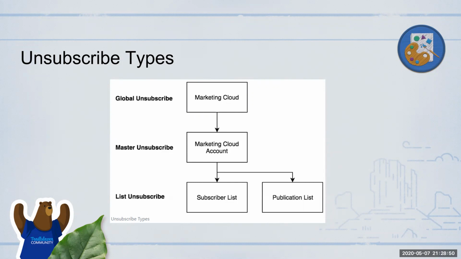If somebody registers a specific complaint saying they do not want to receive any communication from any Marketing Cloud account or any ESP, that gets recorded at the Marketing Cloud level. It's not just for your account, but for any company using Marketing Cloud, they will not be able to send email to that person.